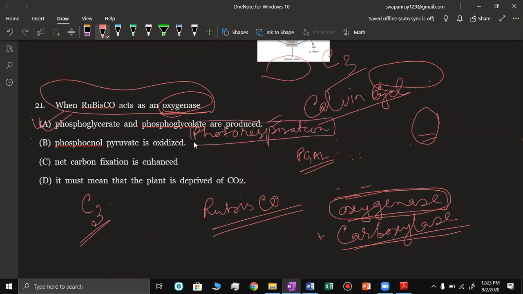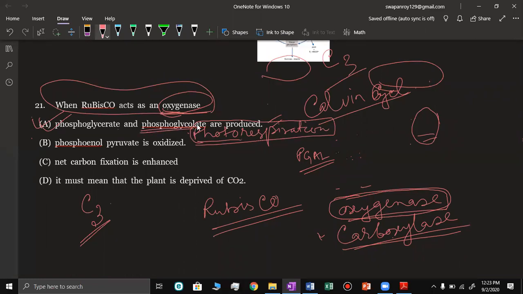When it functions as an oxygenase, it is the initiation of photorespiration, and in photorespiration, phosphoglyceric acid and phosphoglycolate, or phosphoglycolic acid, is produced.